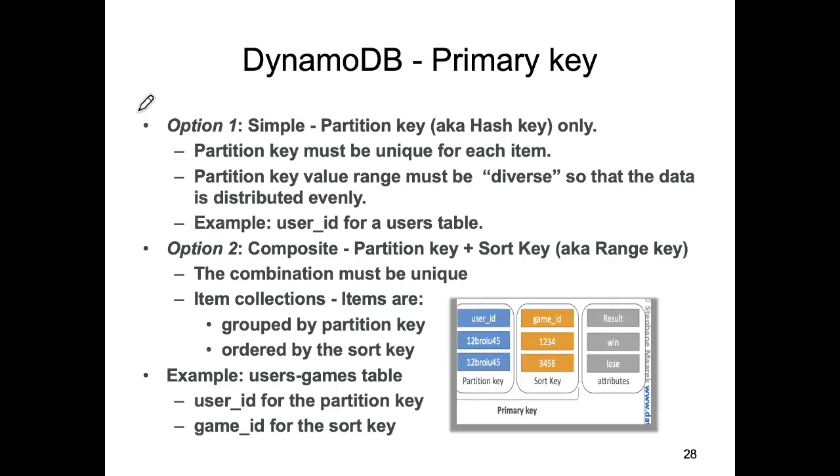Remember, we talked about there are two types of primary keys that might be associated with a table's design. There's the simple one where the primary key is the partition key. The second option is where the primary key is a composite of the partition key and the sort key. And we know what the significance of the partition key is in relation to DynamoDB.